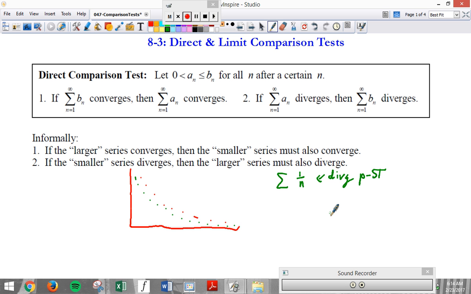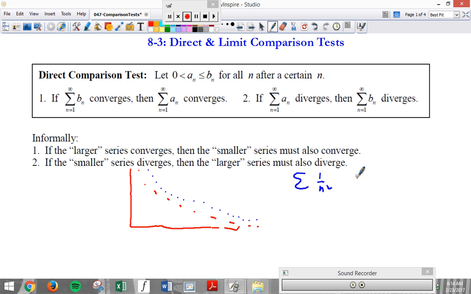However, and I wish again we could just delete the green, but the idea is that if we were to run the experiment again, and we had a blue series on top of it that was converging faster, like let's say blue is 1 over n squared, that's a converging series also by the p-series test.